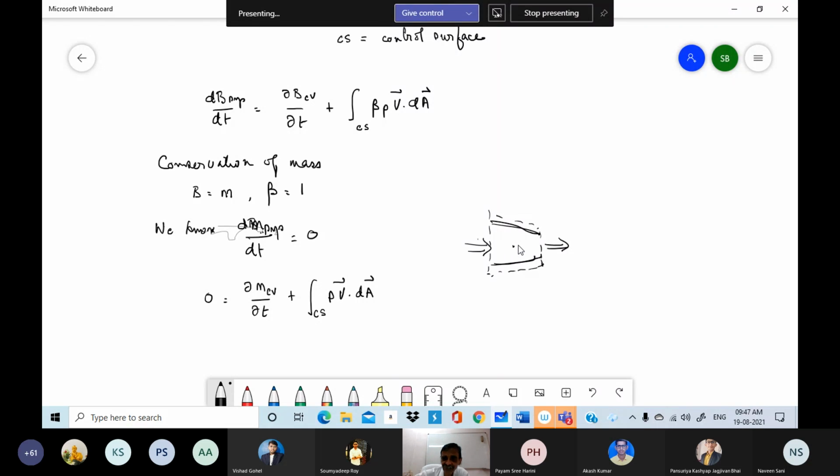So at any point, if the nozzle is operating at steady state, I expect the density would not change with time. If the density doesn't change with time, if I integrate density over volume, that should remain unchanged.